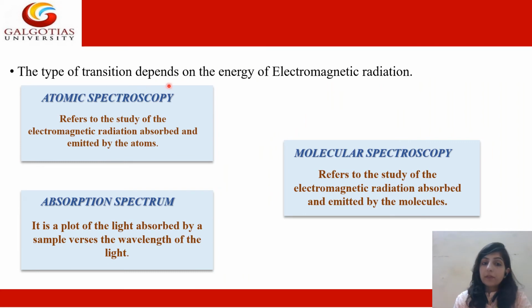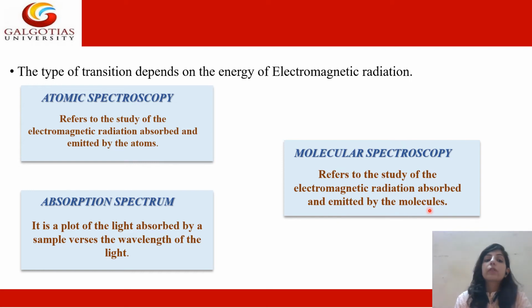Now the type of transition will depend on the energy of electromagnetic radiation. On the basis of that, we can have atomic spectroscopy, which refers to the study of the electromagnetic radiation absorbed and emitted by the atoms. Second, we can have molecular spectroscopy, which refers to the study of electromagnetic radiation absorbed and emitted by the molecules.